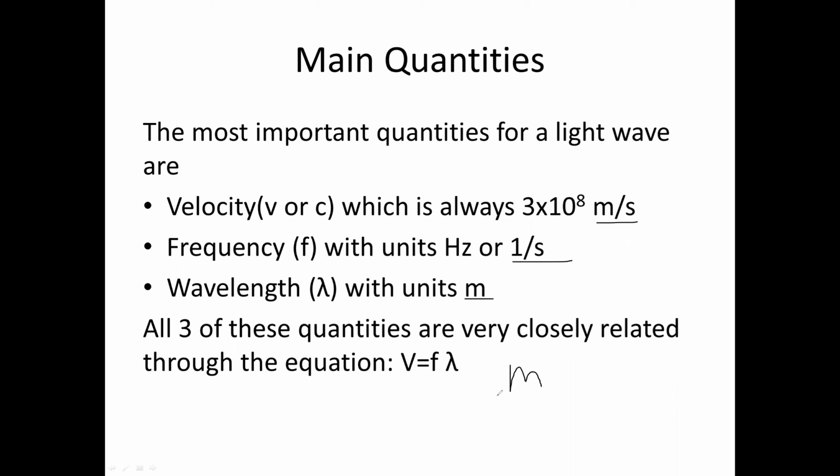So meters per second equals 1 over second, which is for frequency, multiplied by meters, right? If you look, when you multiply these two values, you would also get units of meters per second, just like you would with velocity. So using just these three values, if you know the units, you can find the equation.